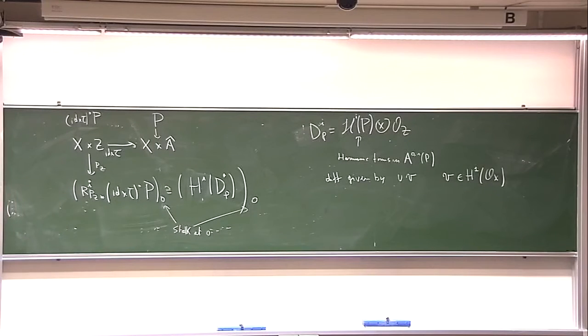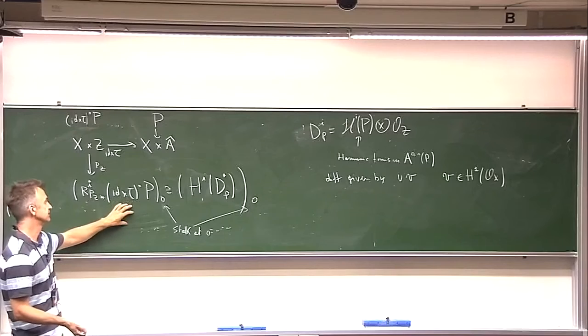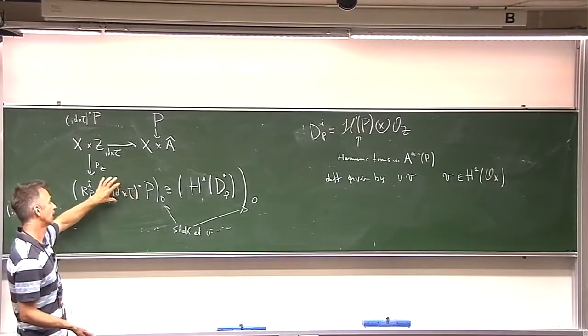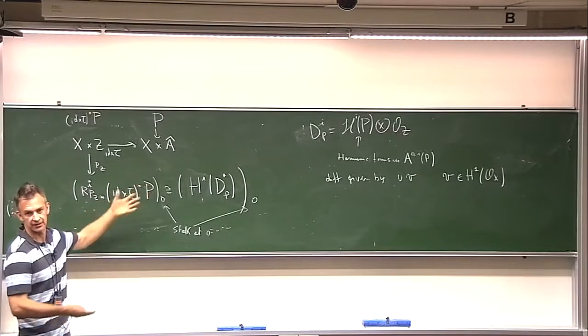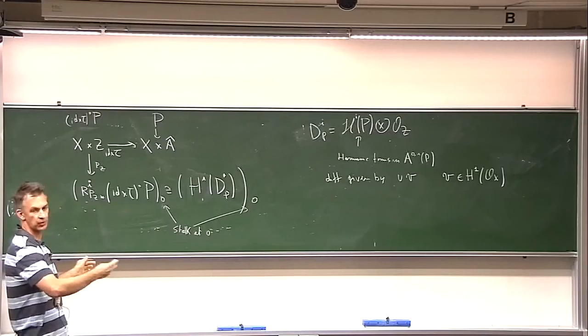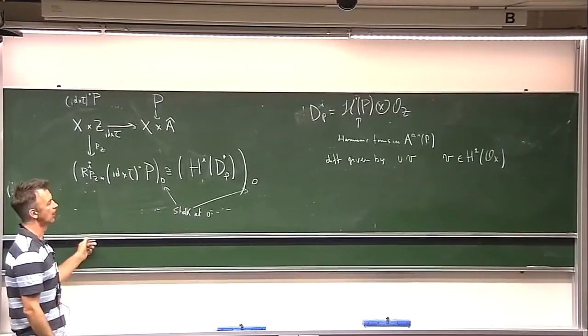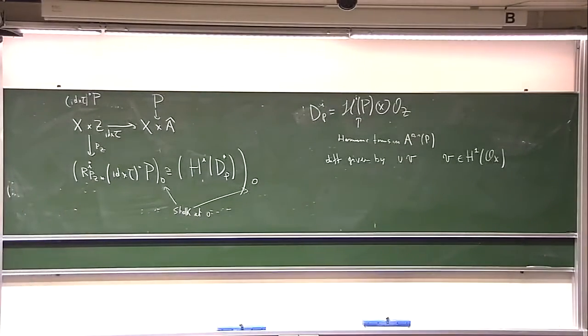So if you really understand well the deformation theory of these cohomology groups, then you should also be able to understand the push forward of the sheaf. That's measuring in a sheaf theoretic way how these cohomology groups deform, and that's what Green and Lazarsfeld do in their second paper on generic vanishing.